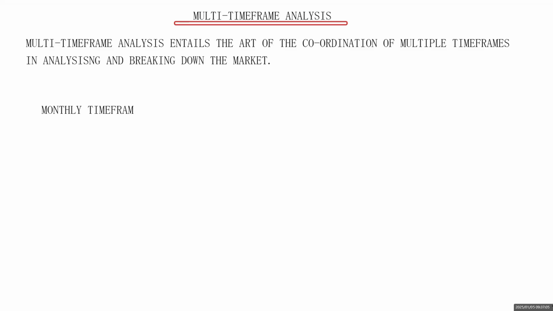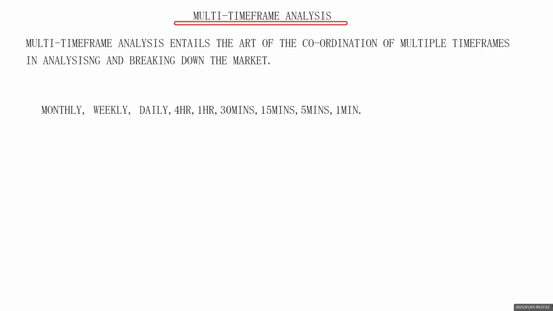Obviously, we know it's a time frame. This includes the weekly time frame. This includes the daily, the 4 hours, the 1 hour time frame, the 30 minutes, the 15 minutes, the 5 minutes, and the 1 minute. Okay, so these are the time frames that are available to us.